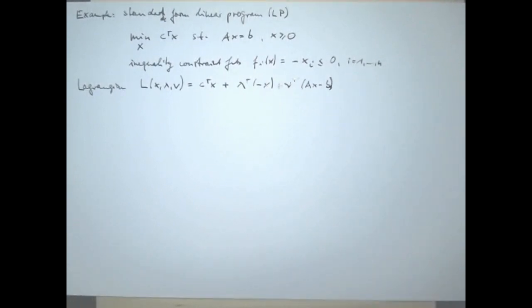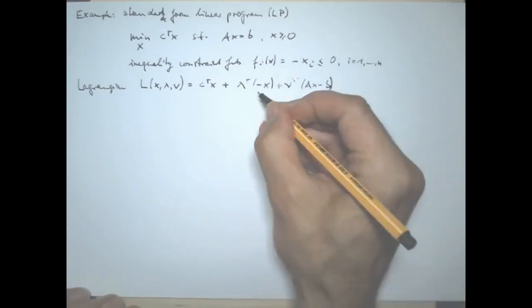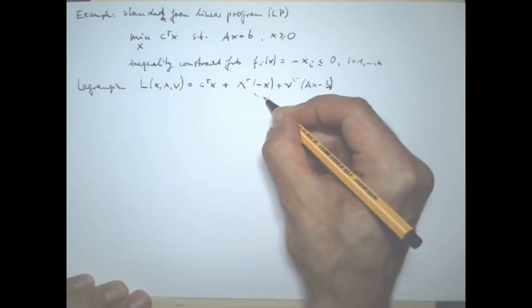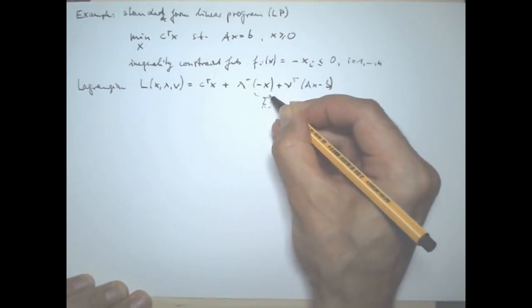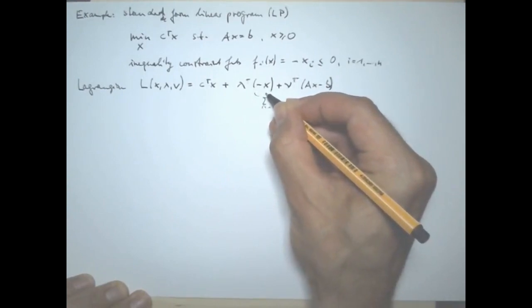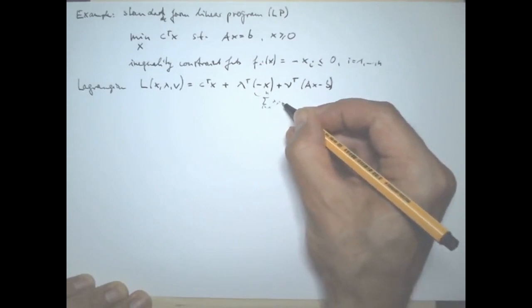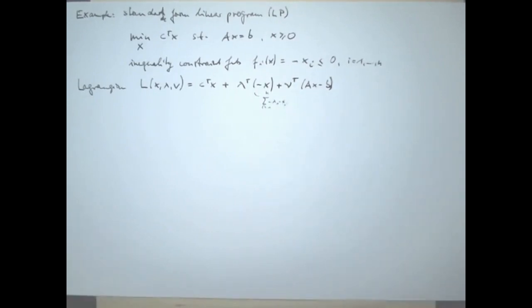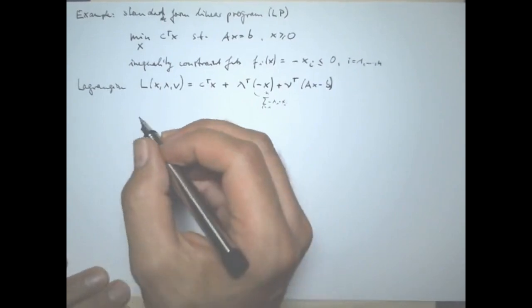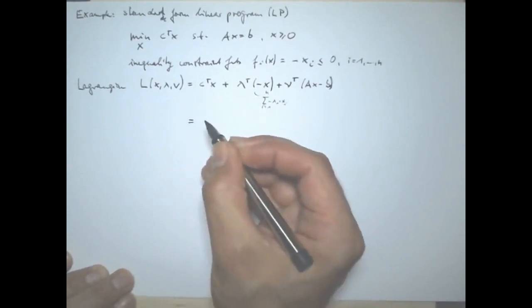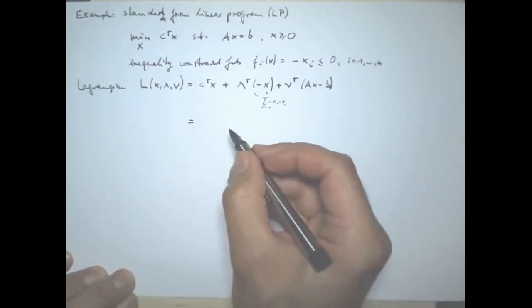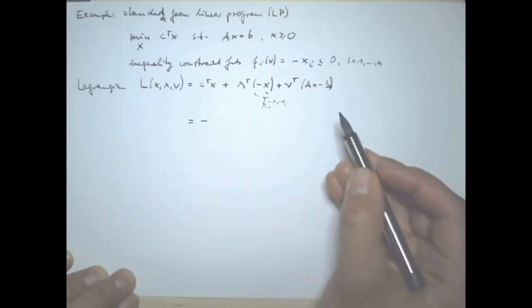So this term here was shorthand for the summation over i to n of lambda_i minus x_i. And I can now isolate the term that is independent of x, which is B transpose nu.